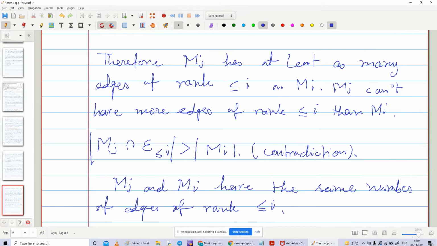So those edges will not be removed from G prime J. Okay, I think this part I need to think about a little bit more and come up with a better explanation.